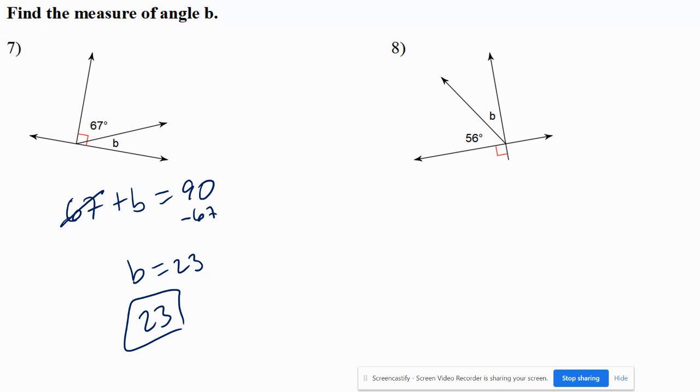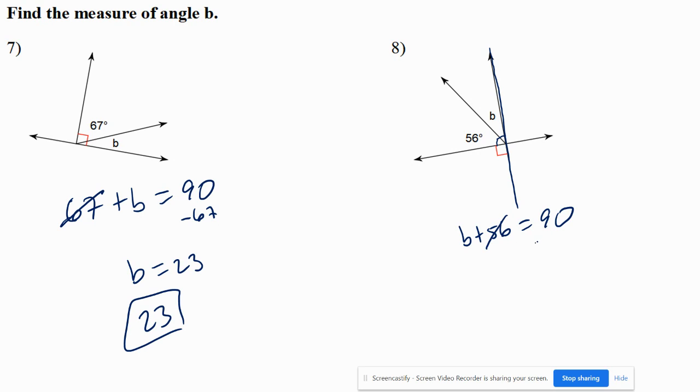Looking at question number 8. Now the red box is outside, but I know this is also 90 degrees. The reason why, because that's a line, and that line is 180. So one half is 90, the other half is also 90. Now here I know that B plus 56 is equal to 90. Now I'm just going to use simple algebra.